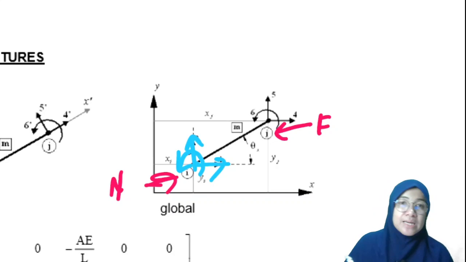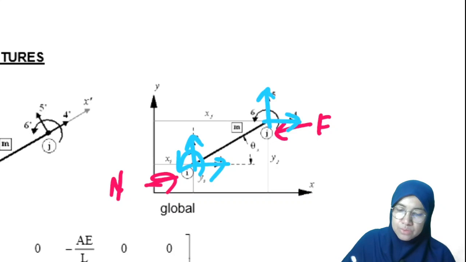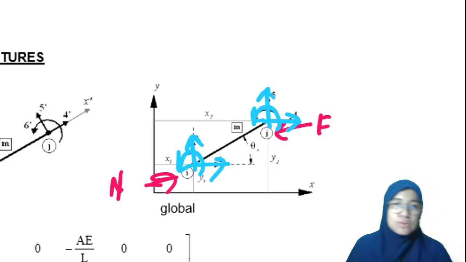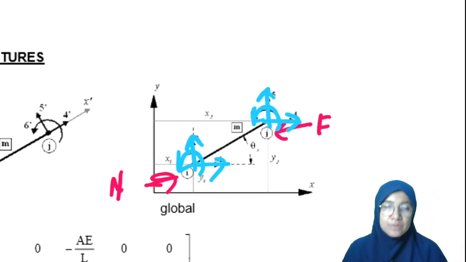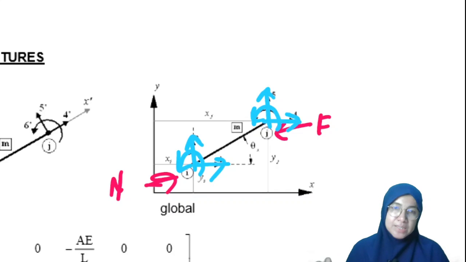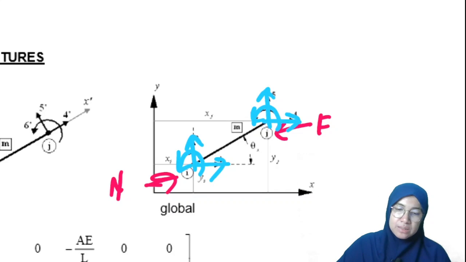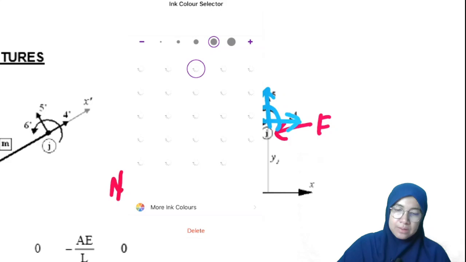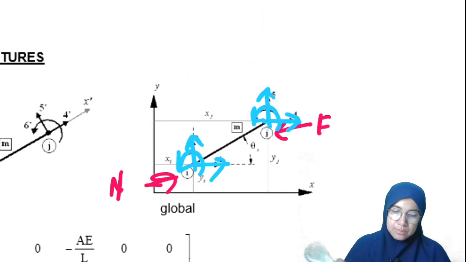And we have another 3 located at the far end. 1, 2, 3. So both nodes have 6 degrees of freedom for each element. So this is the xyz.